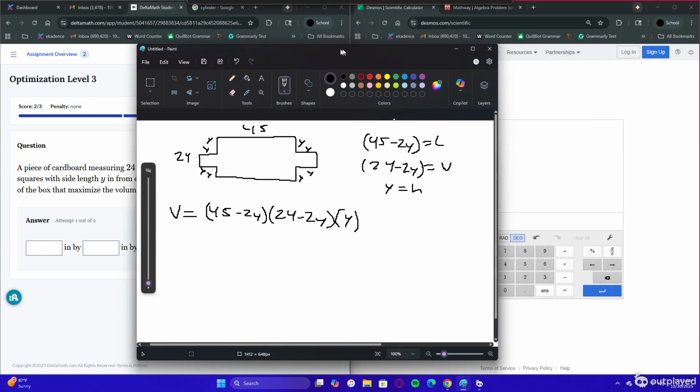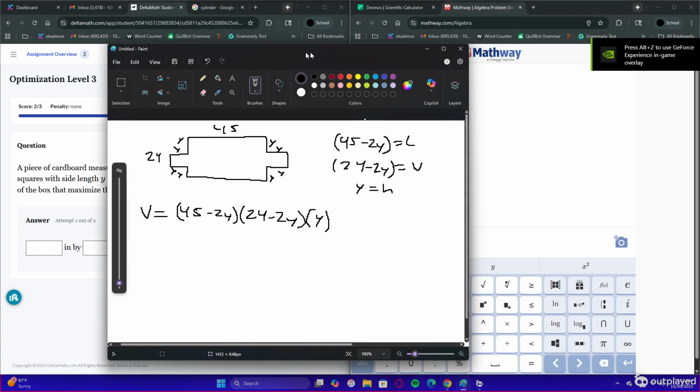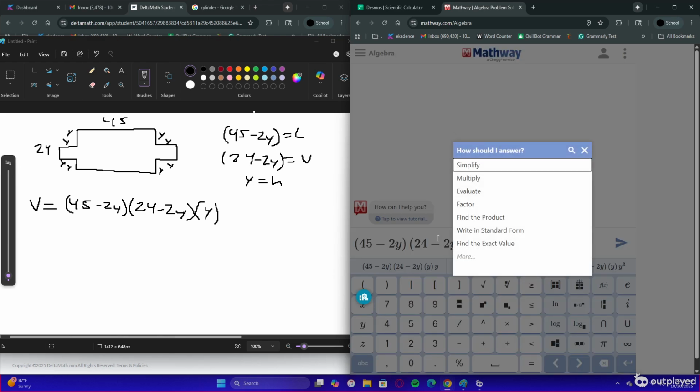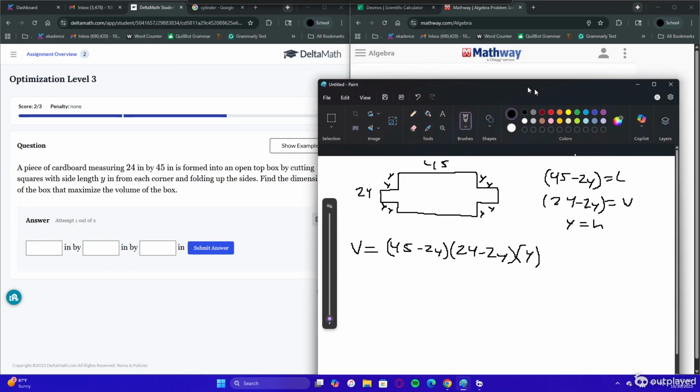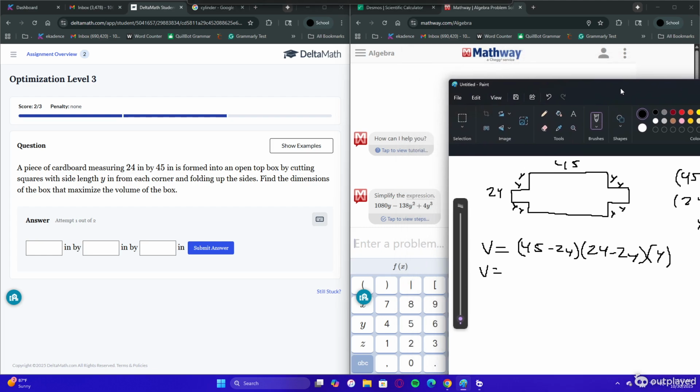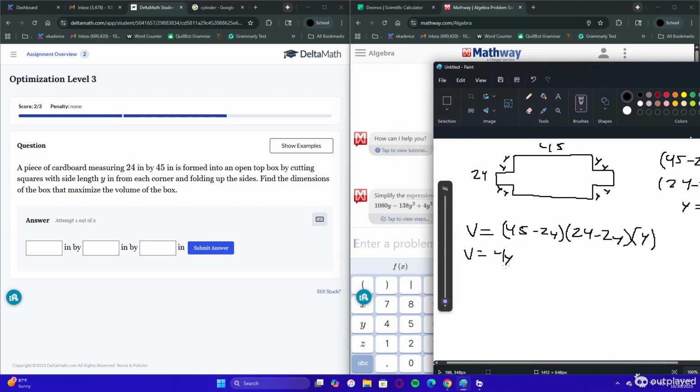And if we solve that and simplify that, we're left with V equals 4y cubed minus 138 y squared plus 1080 y.